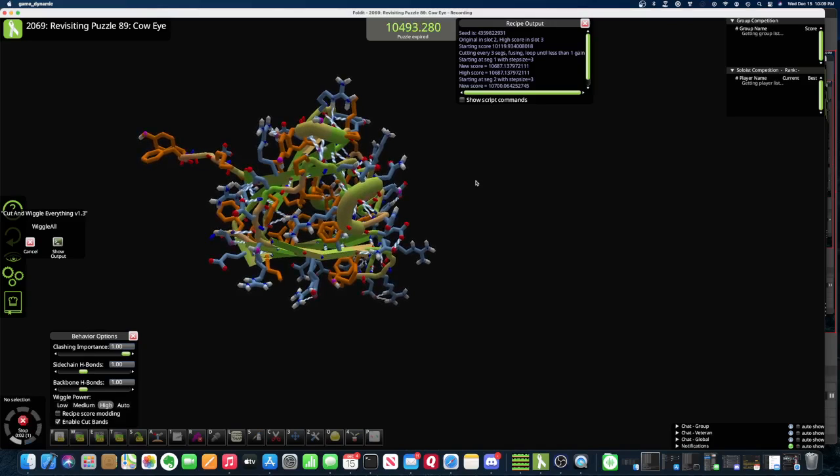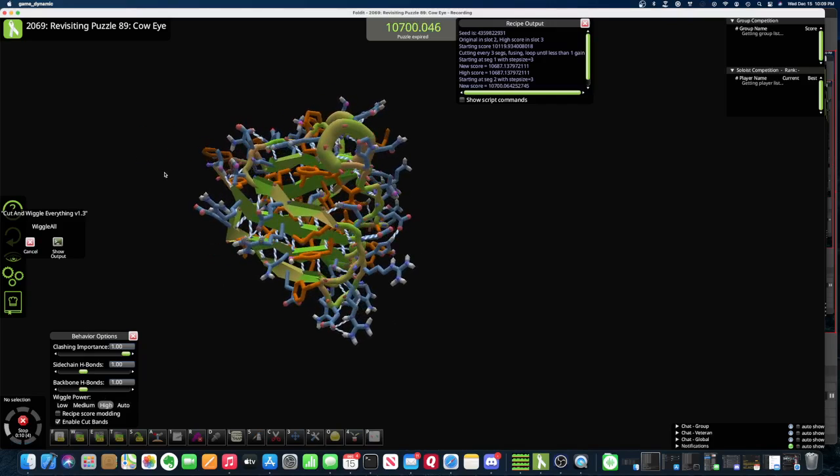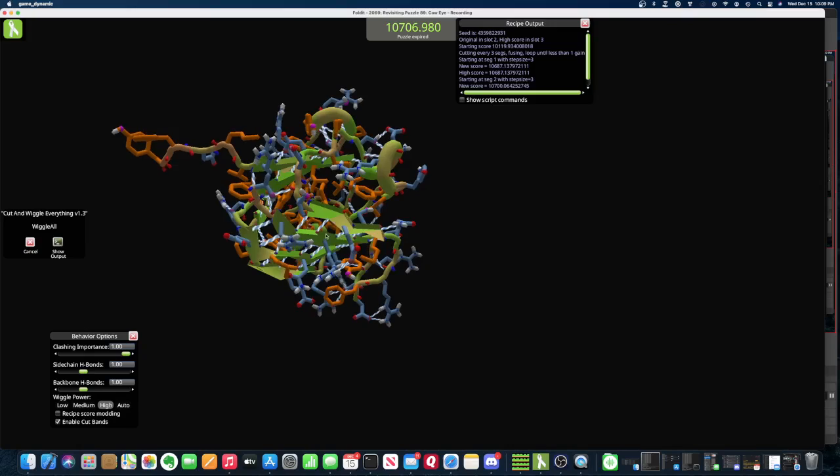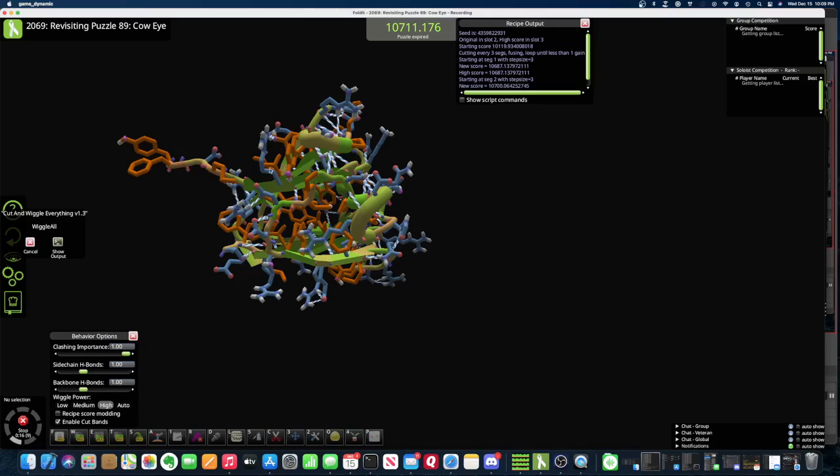So what I'm going to do is go through essentially the same sequence that I ran at low wiggle power, applying the different recipes aimed at getting the best shape, relaxing it from its distorted shape in the beginning.